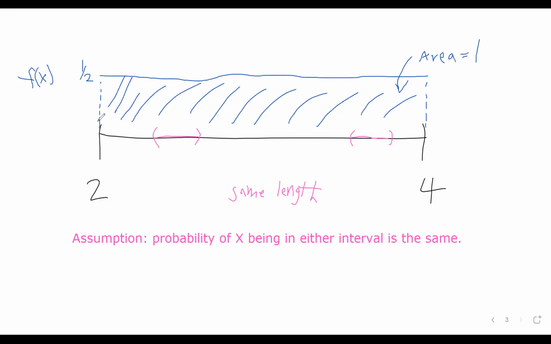Okay, so if the height is 1/2, then the total area is 1. 2 times 1/2 is 1. And if you take any subinterval and you compute the probability of, let's call this set A, if I want the probability of something being in that set A, then it would just be equal to the integral from little a to little b of this f of x function.